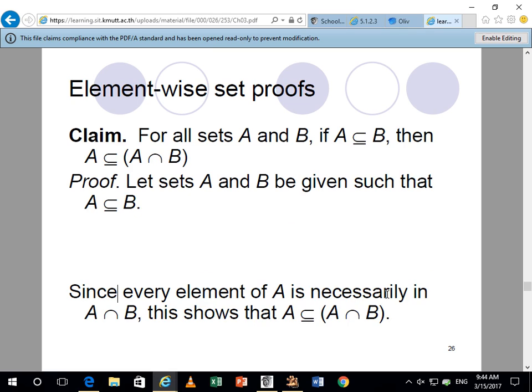Now the second claim. We're talking about sets A and B again, two different sets.